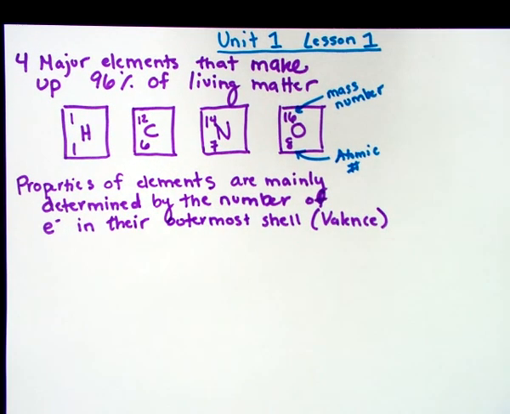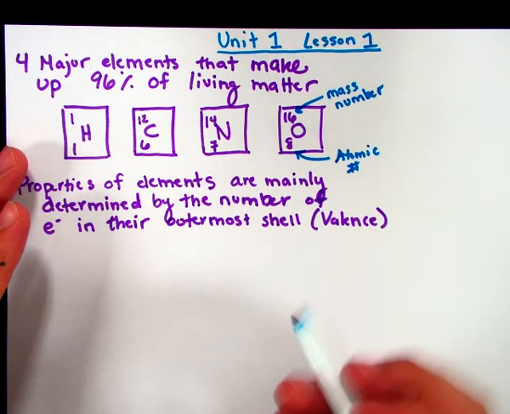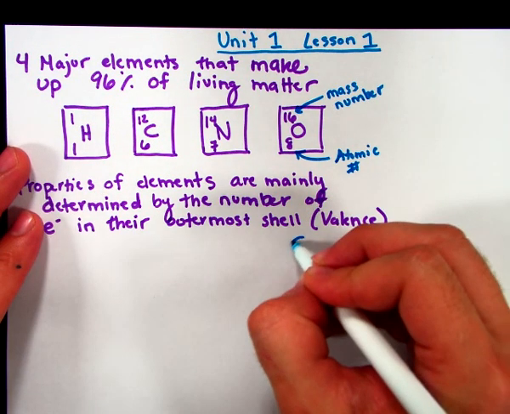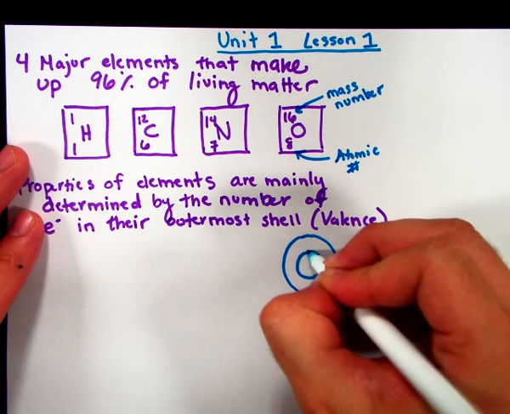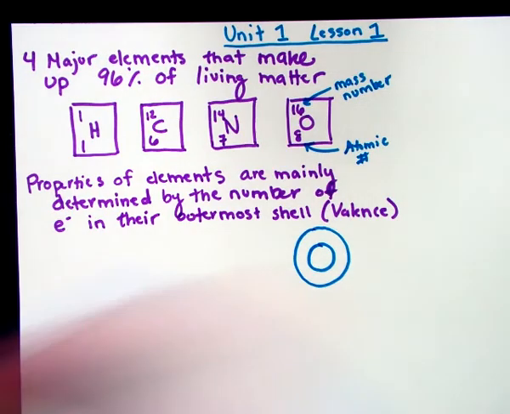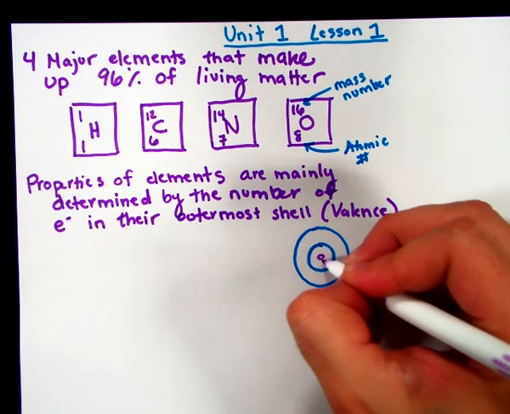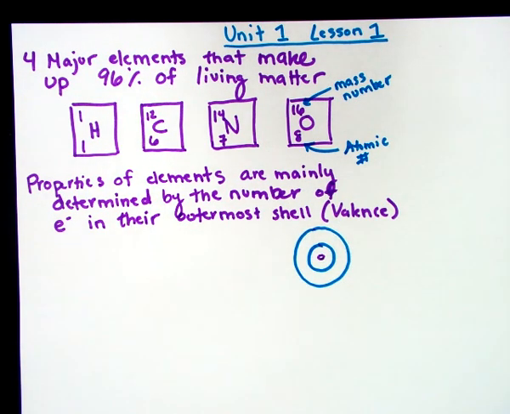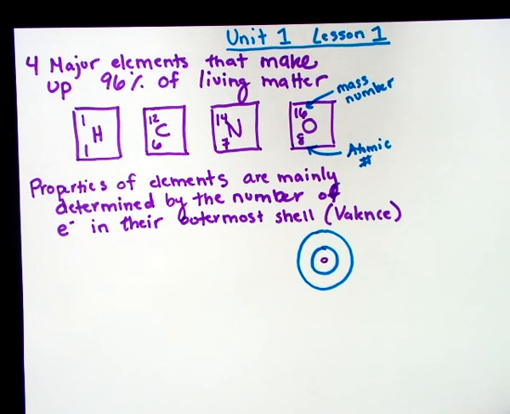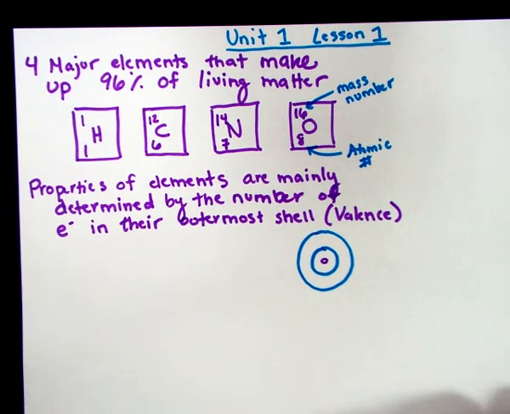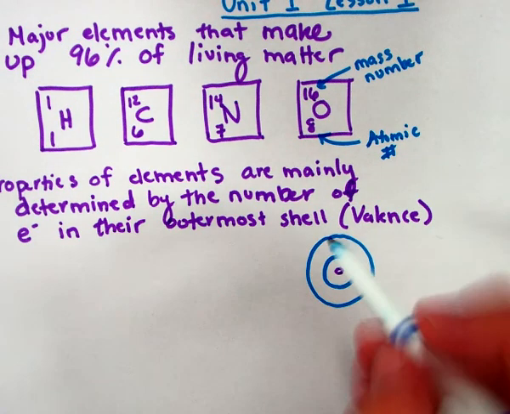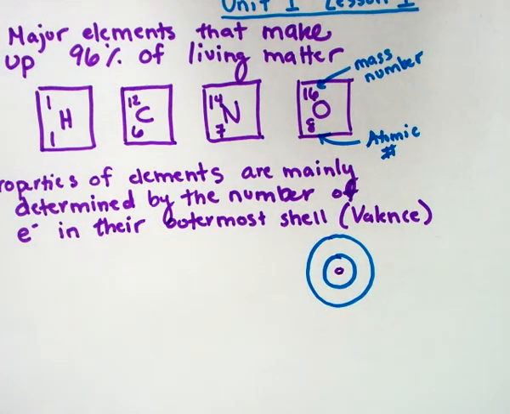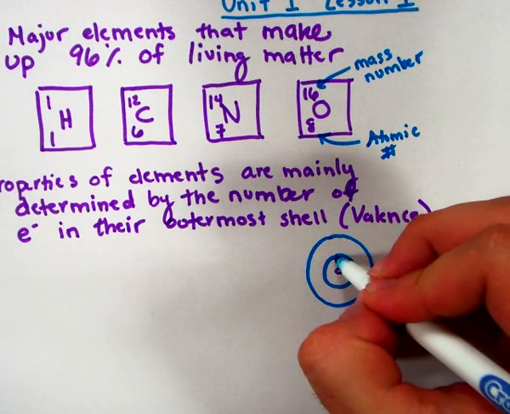All right. So, for example, think about oxygen. Oxygen's atomic number is 8, so it's going to have 8 protons, which corresponds to 8 electrons. The way that we indicate that is that this first shell around an atom can only hold up to 2 electrons. We indicate them with little dots.